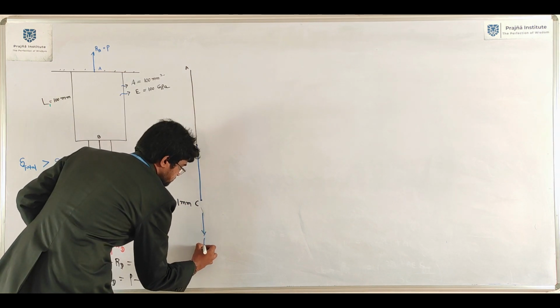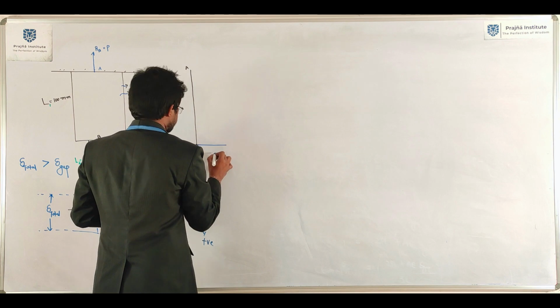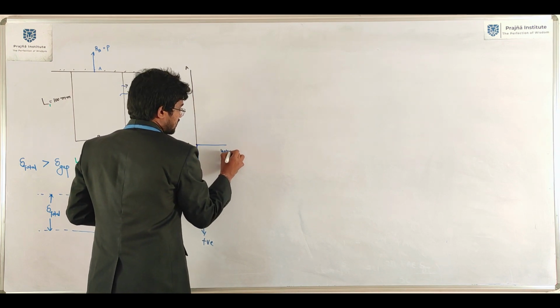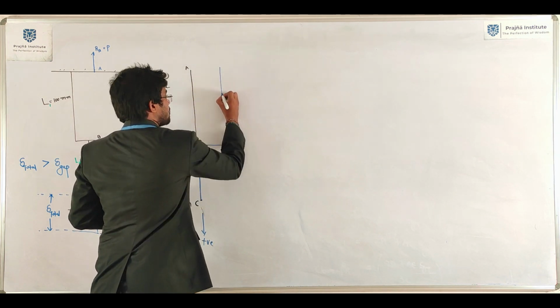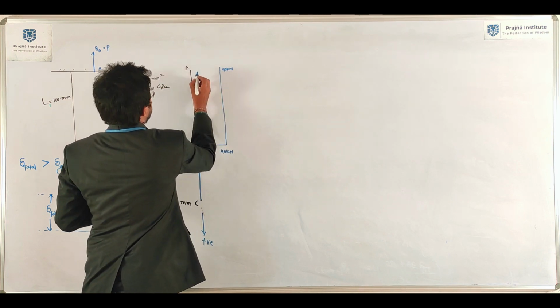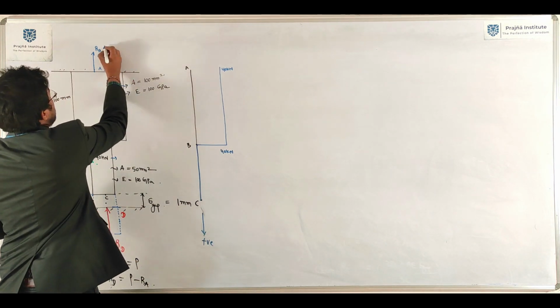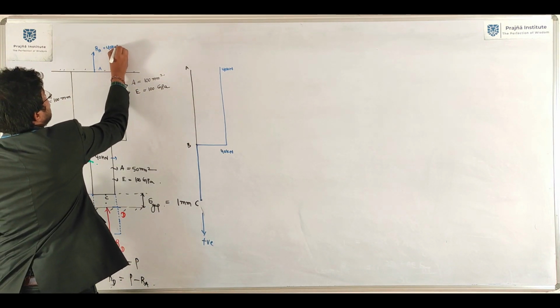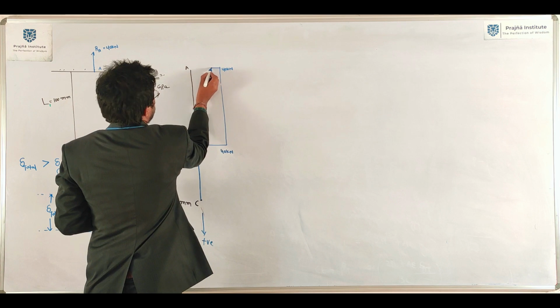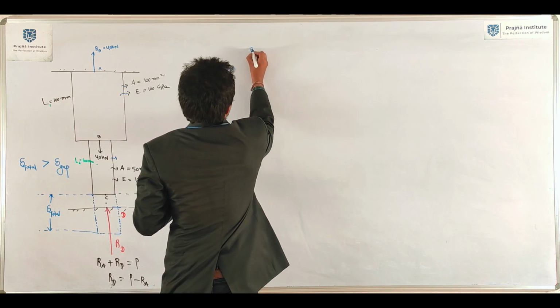It is positive actually. Here I have seen the load, both are acting in the same direction. It will be 40 kilonewton. Come up to here, this is also 40 kilonewton. Then here, both loads are acting in opposite direction. Of course it is 40 kilonewton initially. Then come up to here, everything is positive.